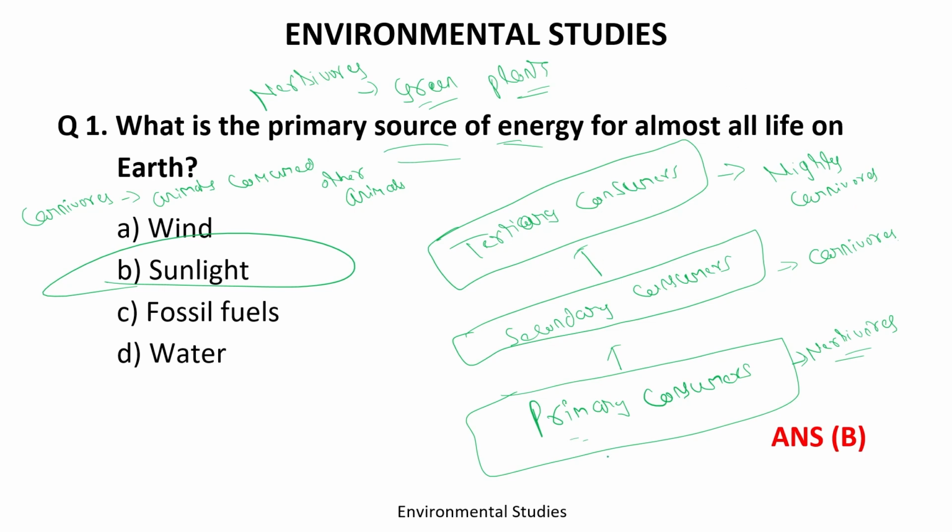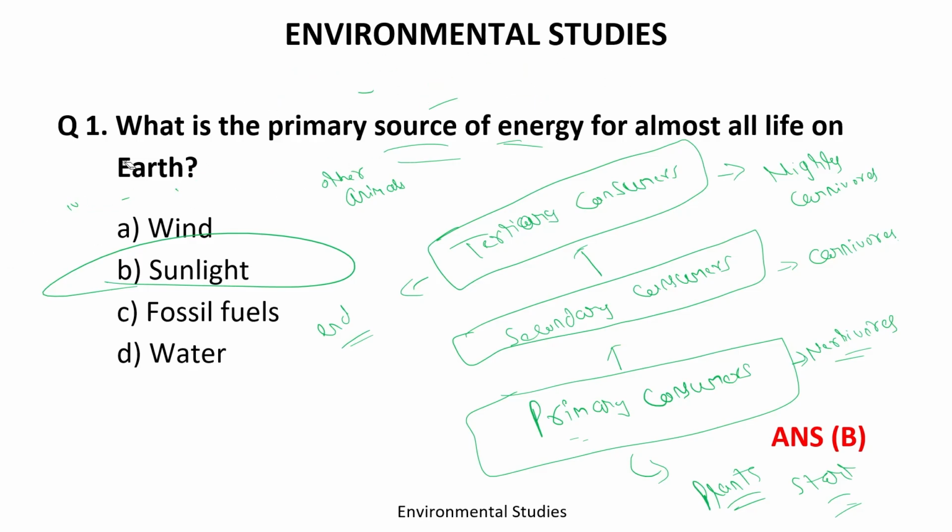The primary consumers consume the plants, which simply means the energy flow starts with the plants and ends at the tertiary consumers. Which means there is a flow chart. Let me show you. This is a plant, which is consumed by this animal.